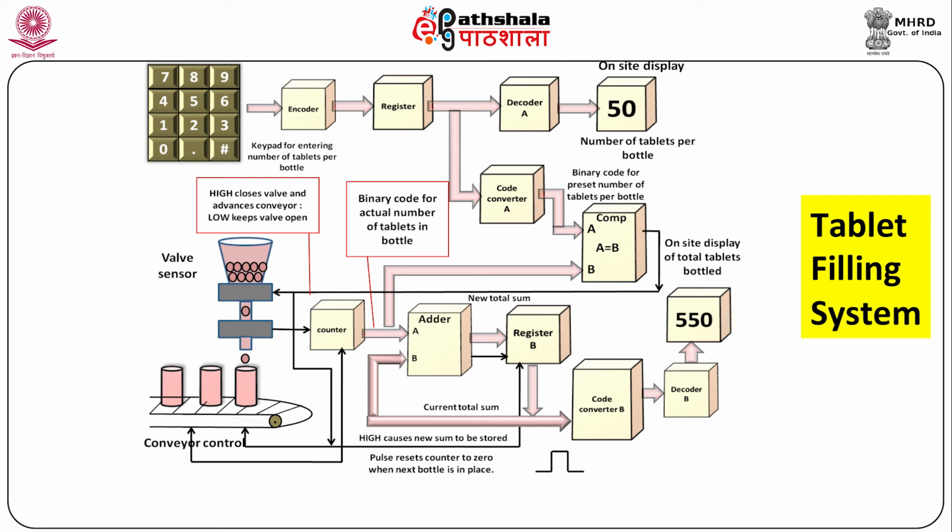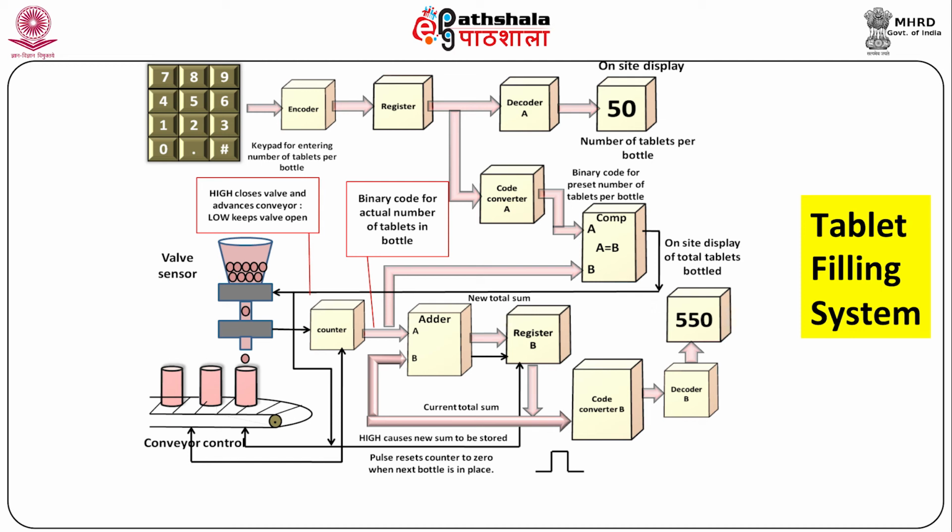The tablets are fed into a large funnel-like hopper. The narrow neck of the funnel allows only one tablet at a time to fall into a bottle on the conveyor belt. The digital system controls the number of tablets going into each bottle and displays a continuously updated total near the conveyor line.